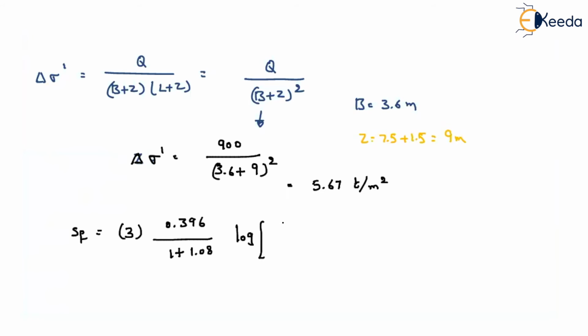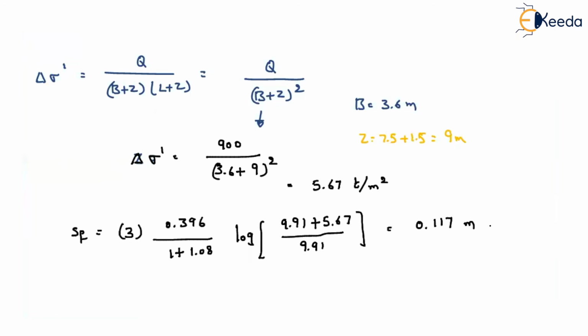Initially it is around 9.91, plus because of the construction of the footing the effective stress increases by 5.67, divided by the initial stress 9.91. If we solve this, we get around 0.117 meters. If options A, B, C, D are given, then you can directly pick the answer.